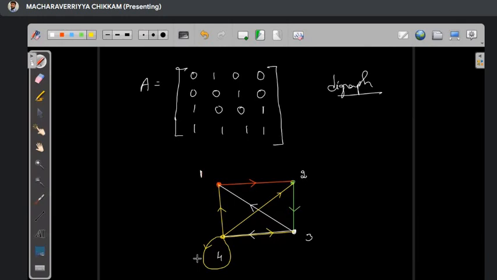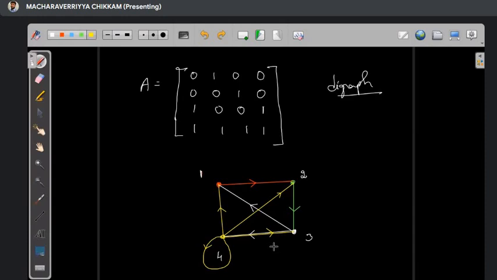Since I said it is a digraph, the loop is also given a direction. But it doesn't matter whether you take it like this or like this, because it starts at 4 and ends at 4 only. The only thing that matters is whether you are rotating in an anti-clockwise or clockwise direction. All right. So this is the diagram for that adjacency matrix.